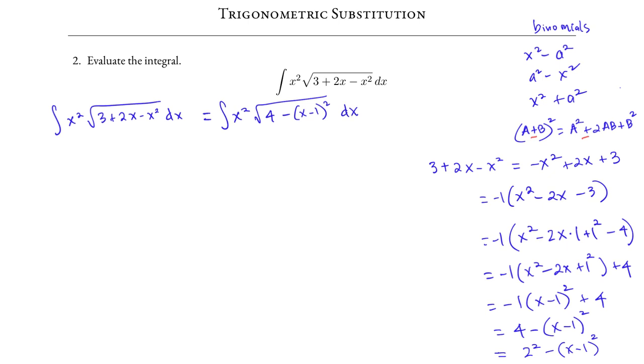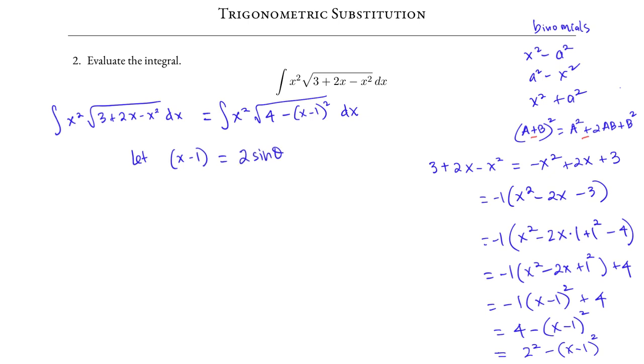squared dx, which is of the form a squared minus x squared, where a is 2 and again the variable term is now the expression x minus 1. And so we let the variable term x minus 1 equal a sine theta, but a is 2.